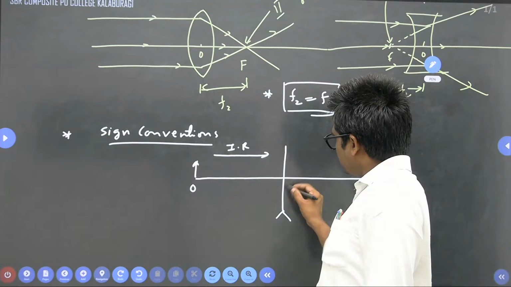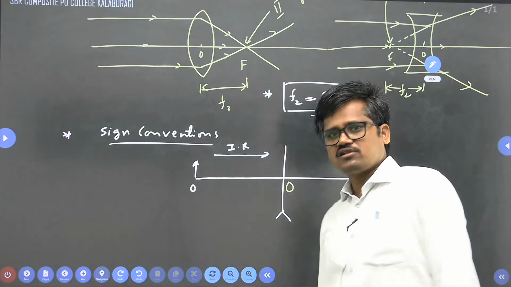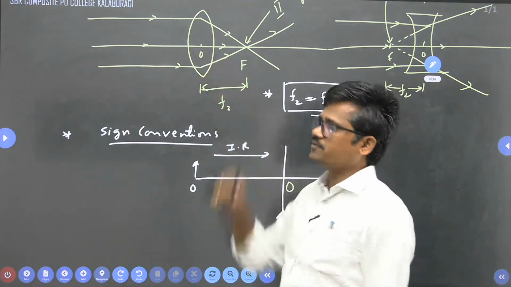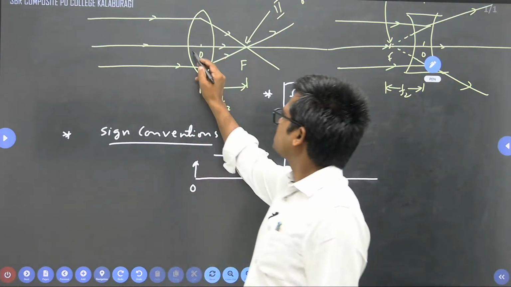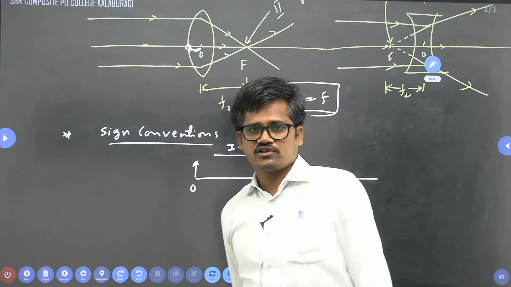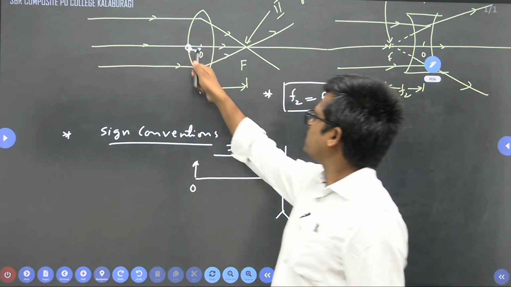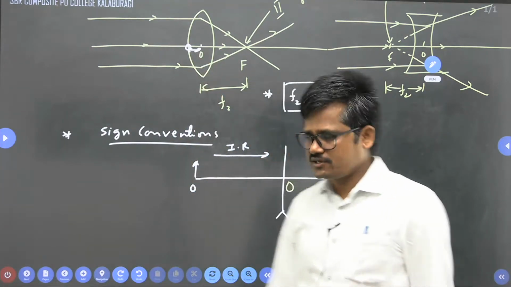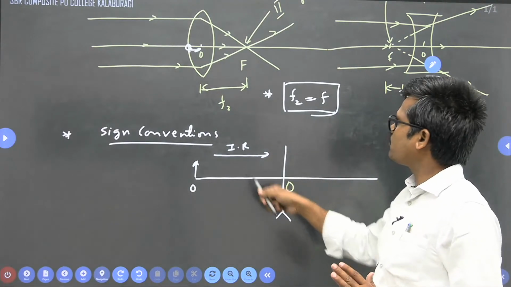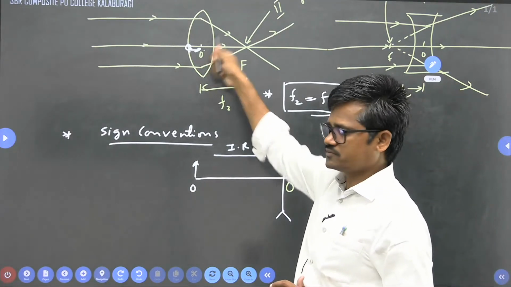All the distances are measured from the optic center. For a thin lens, the distance between the two surfaces is negligible, so we measure from here only. Usually, the convention says all distances are measured from the optic center, I mean from this point.